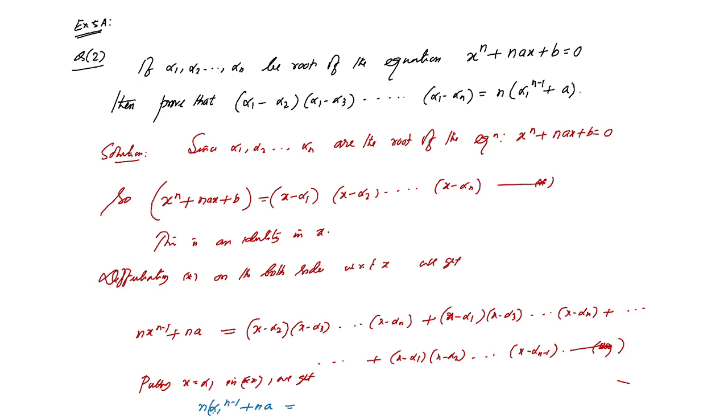We just take n common, so that it equals (alpha 1 minus alpha 2)(alpha 1 minus alpha 3)...(alpha 1 minus alpha n). All the other terms are 0, that means all the remaining terms vanish. So that means we proved it. Thank you so much.